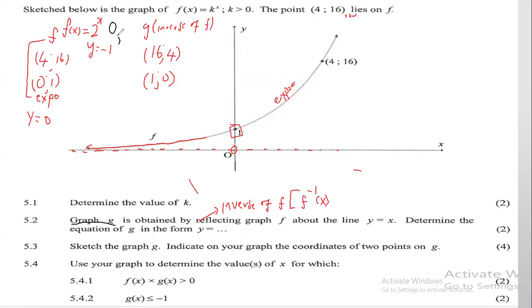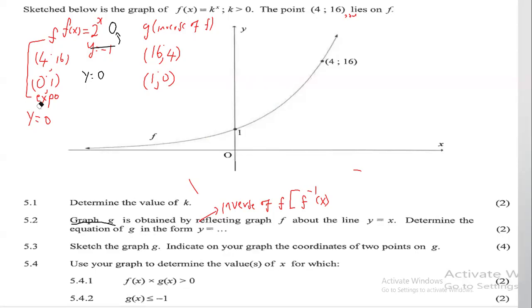So what is the equation of the asymptote of f of x equals 2 to the exponent x? It is y equals 0. And when you show the asymptote y equals 0 on the graph, it is seated on the x-axis. So that is why we don't see it here. It is there, but it's exactly on the x-axis.